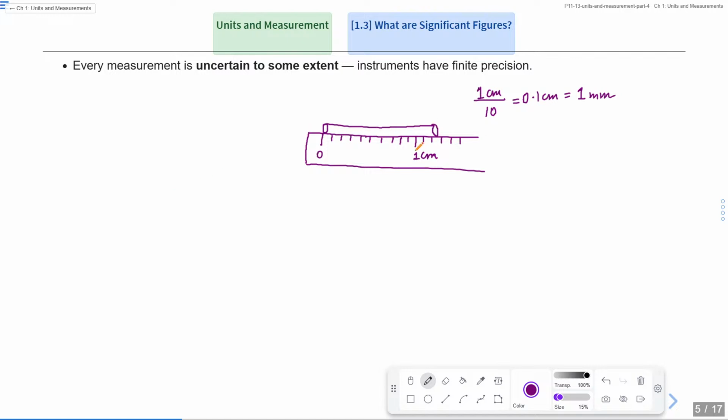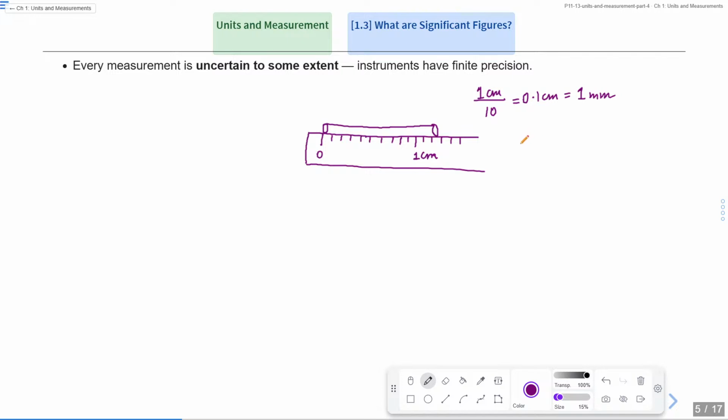Now this is 1 and first division, second division, third division. So what is the measurement? It is 1.2 centimeter or 1.3 centimeter, or in between 1.2 and 1.3. As you can see, it is not 1.2 centimeter and it is also not 1.3 centimeter. It is between 1.2 and 1.3.